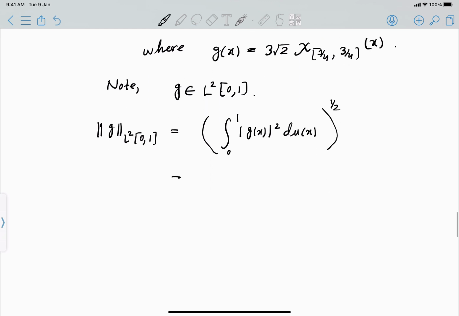Squaring 3 root 2 gives 18, and because of the characteristic function the limits will be 1/4 to 3/4 of d mu(x).